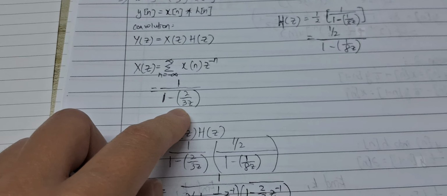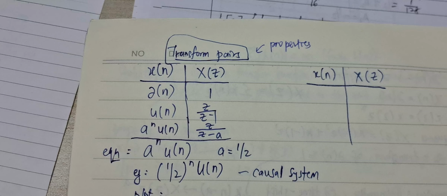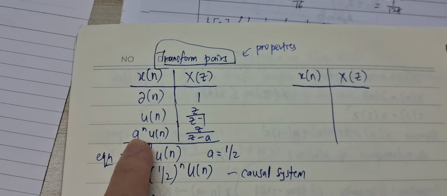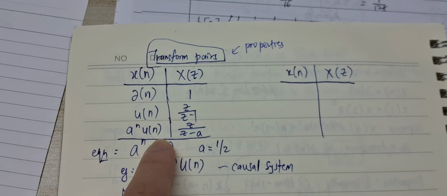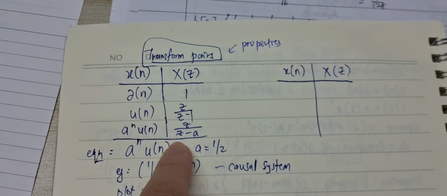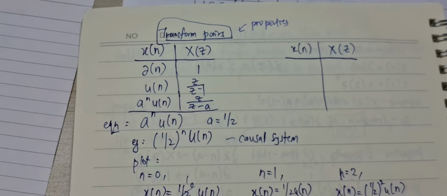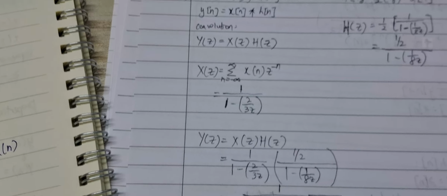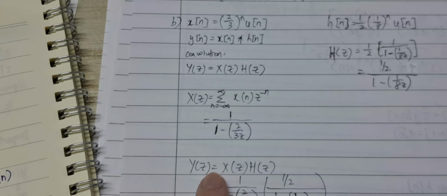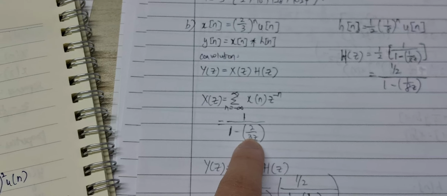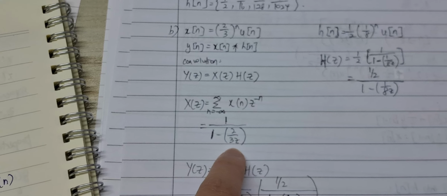As we know from the transform pairs, a^n un transforms to z over z minus a, or 1 over 1 minus a over z.